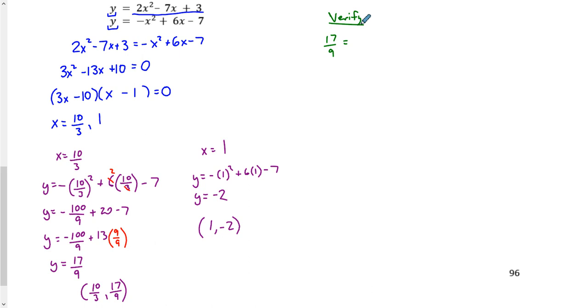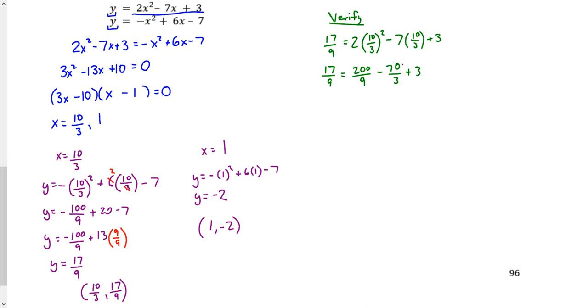The x is 10/3. 2 by 10/3 squared, subtracting 7 by 10/3, adding 3. So does 17/9 equal, let's see, 2 by 100/9. I'm just going to quickly do that as 200/9, subtracting 70/3, adding 3.